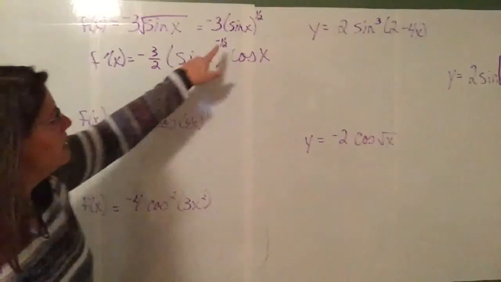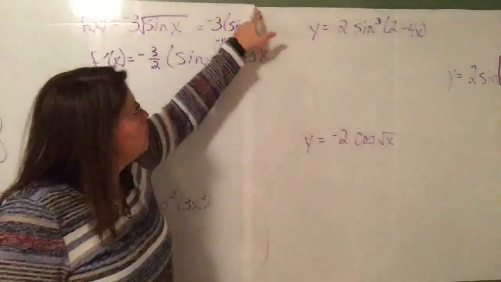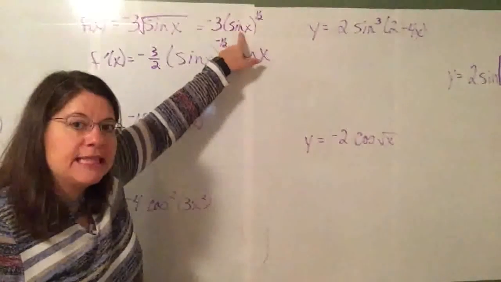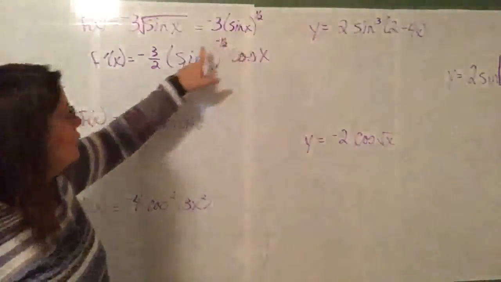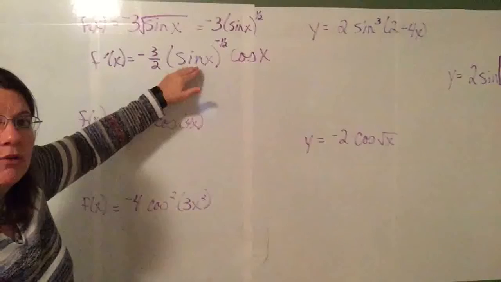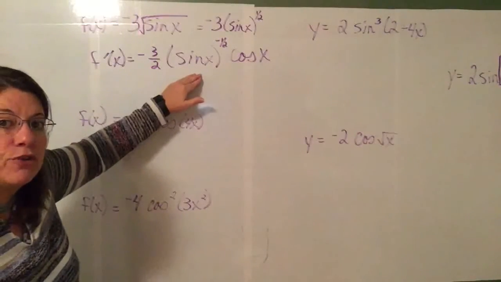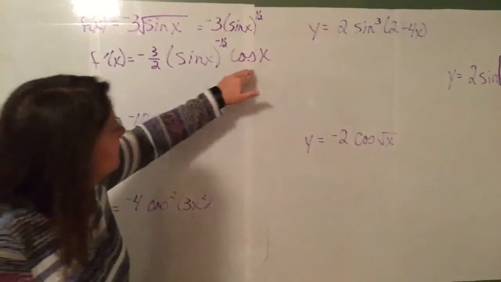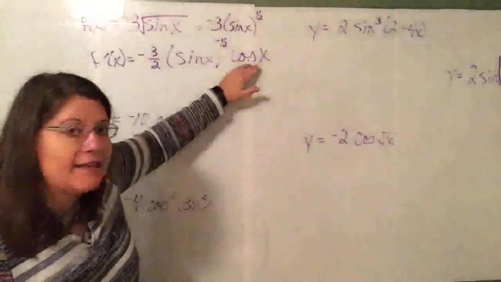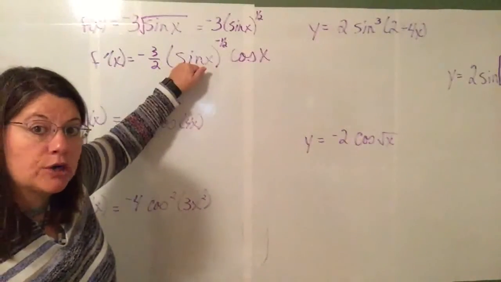The derivative of the x part is 1, so that's not going to change anything. Notice that because this was the chain rule and my trig function was on the inside of a power, I had to do the chain rule without doing the derivative of the trig function at first. And then I take the derivative of the trig function last because it was the inside part.